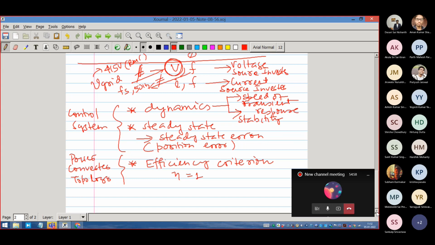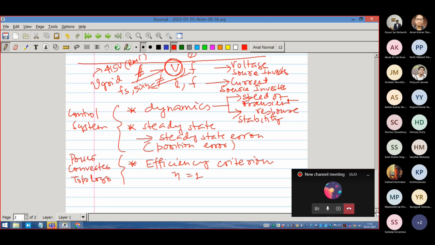For example, if the machine at high power level requires higher voltage, then we have to decide on a power converter structure that provides higher voltage. So this way we have to match it. The basic job is to match the source voltage with the machine terminal voltage. That is what a power converter will be doing.